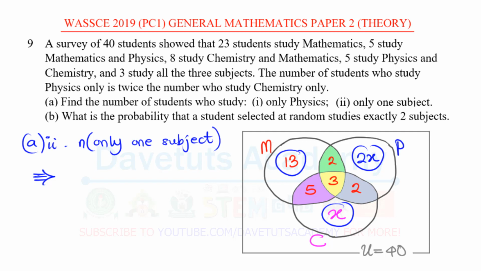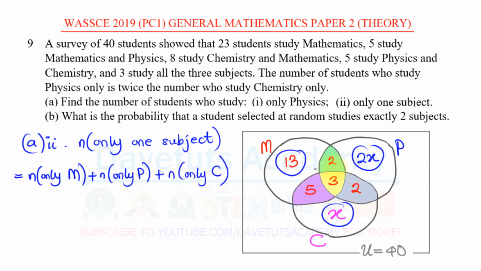In short, let me show you something. That will be the number of only maths plus the number of only physics plus the number of only chemistry. Those are the ones circled in blue here, and that will give us 13 plus 2x plus x, which is 13 plus 3x.